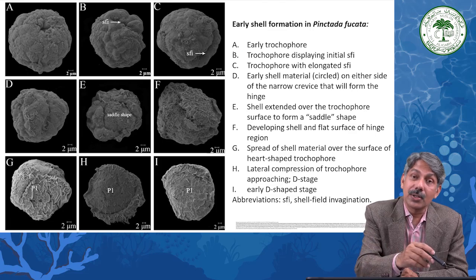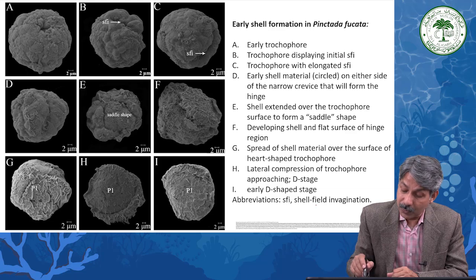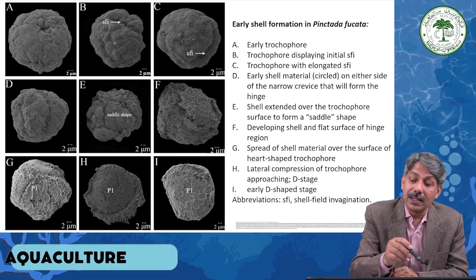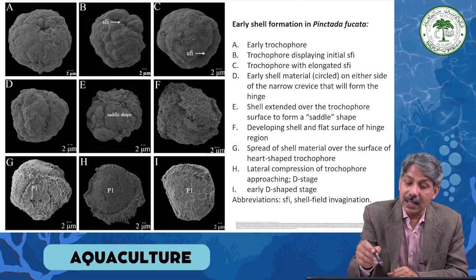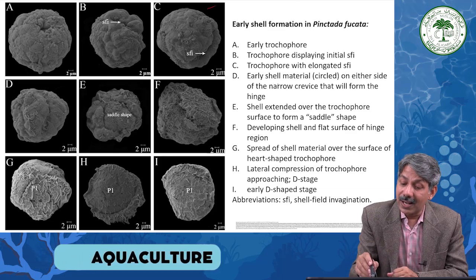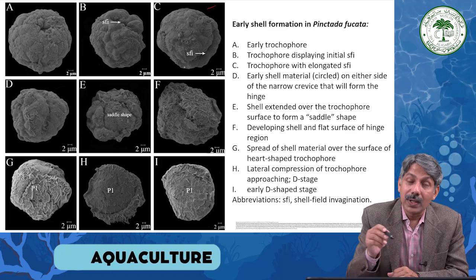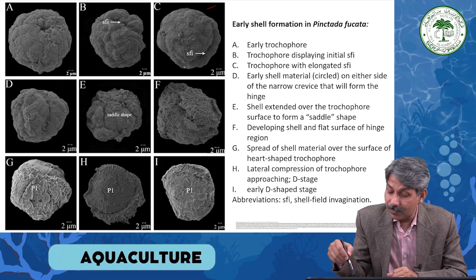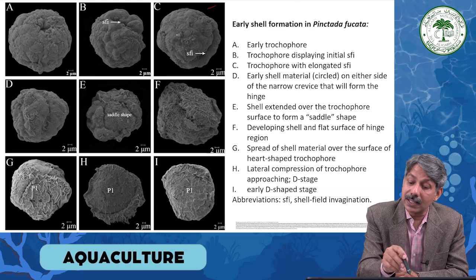In A, the trochophore stage is shown, followed by the trochophore displaying initial shell field invagination in B. In C, the trochophore with elongated shell field invagination, elongated in case of C.